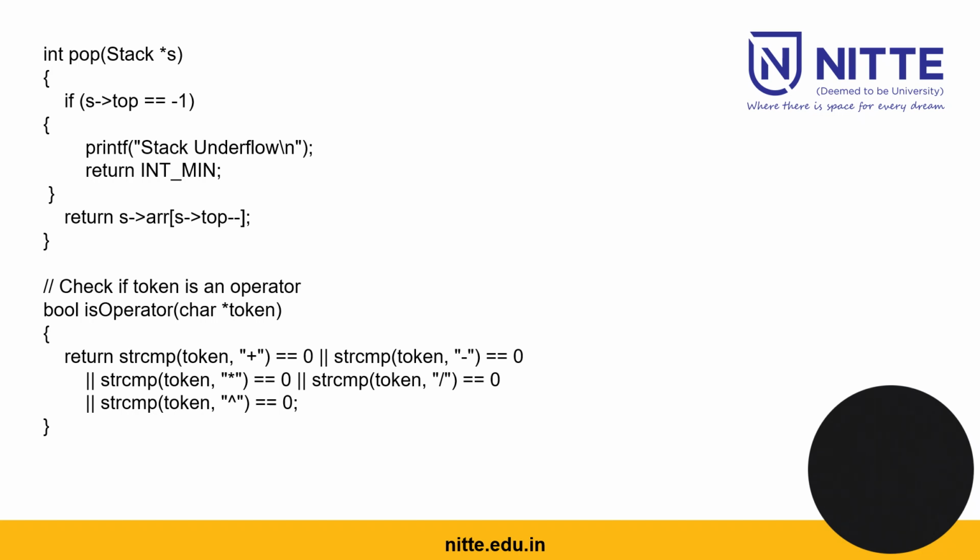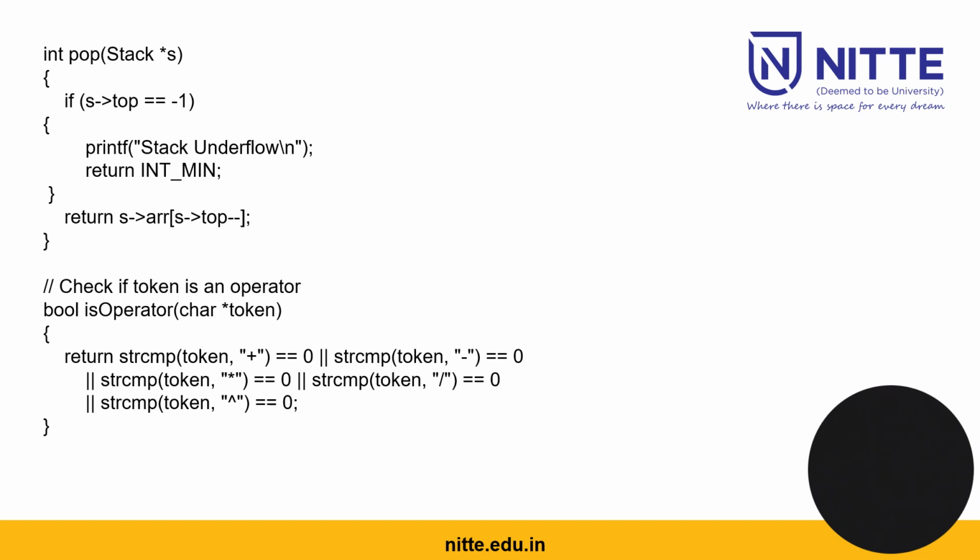Okay. So it will come here and compare this string with what? Plus. If the token is plus, then the value is equal to 0. So it will compare this token with plus; if both are plus, then the value is equal to 0. Then it will compare minus and the token. If the token is minus, then this value will be equal to 0.